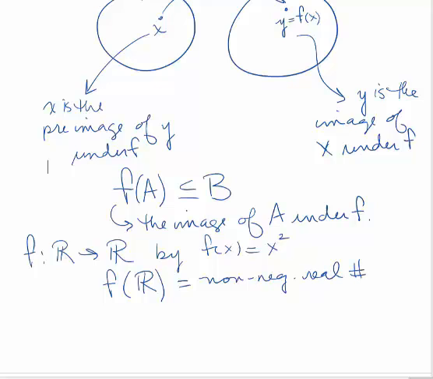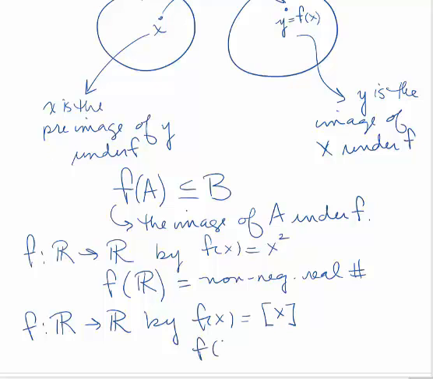So it's a subset of R. Likewise, if we said F maps the real numbers to the real numbers by F of X is the greatest integer function, the greatest integer less than or equal to X, well then F of R would be equal to just the integers, a subset of R.